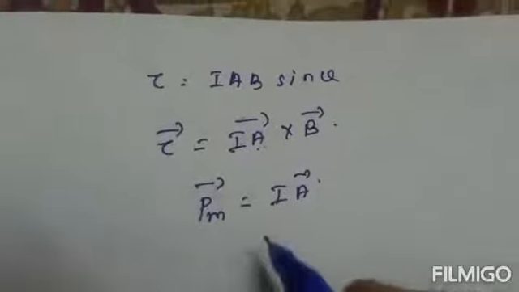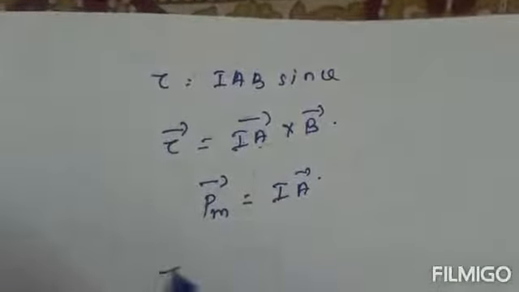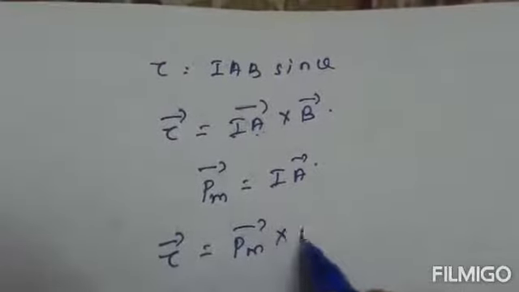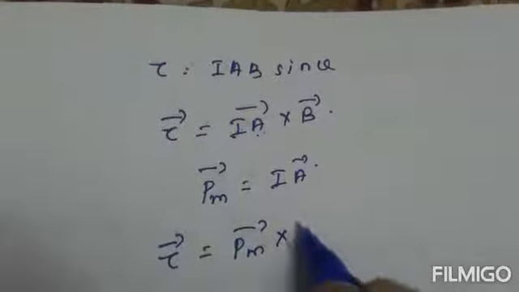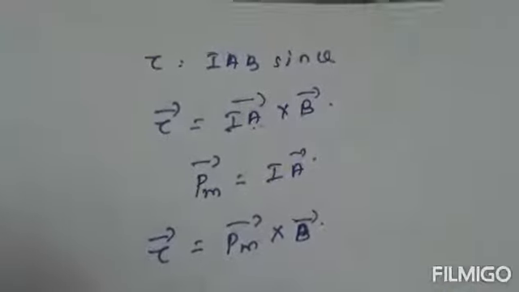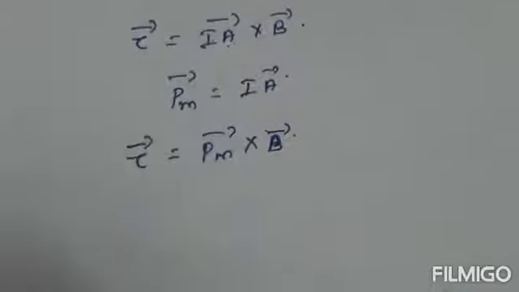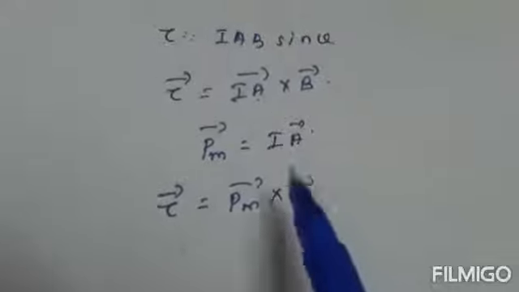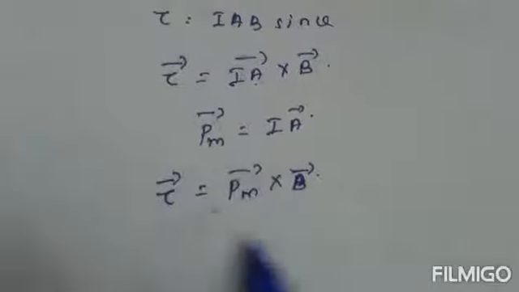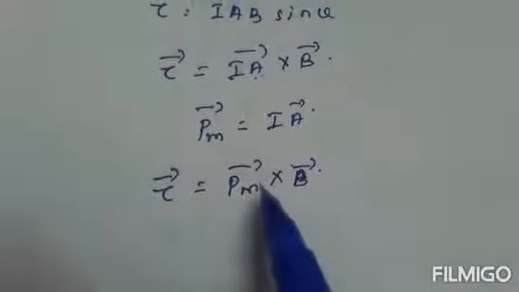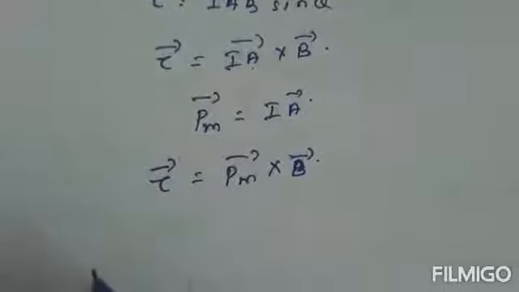So we can write tau is equal to PM vector cross B vector. That is the magnetic dipole moment, so the above equation is written in terms of the magnetic dipole moment.